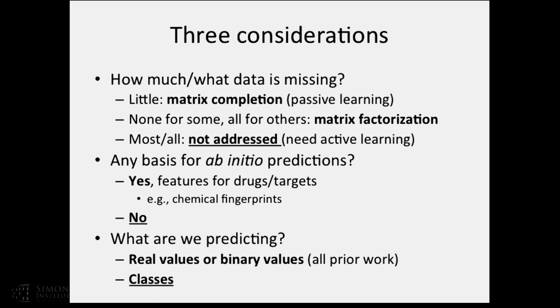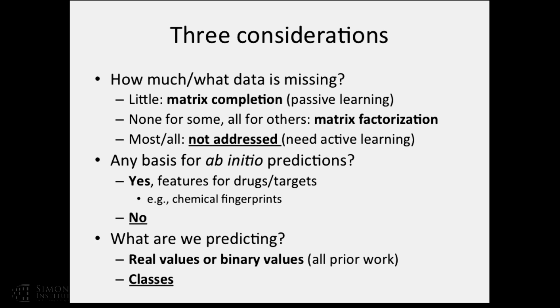And so what we want to do in thinking about what kind of active learning problem this is, is to think about these considerations. So the first is that unlike almost all the active learning examples that you will see, in this space we have no unlabeled data, right? So there is no data that we just need to know the label of.